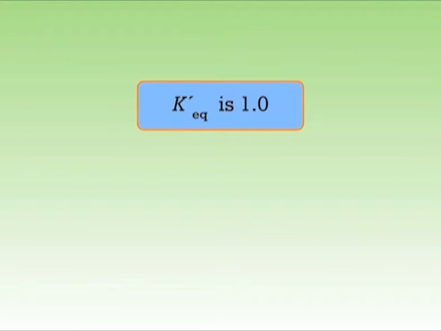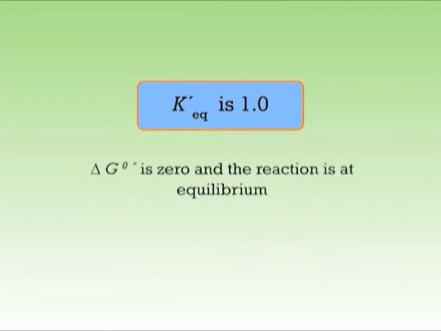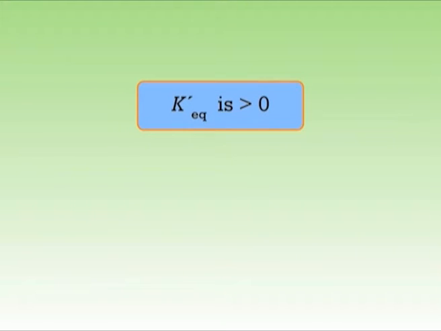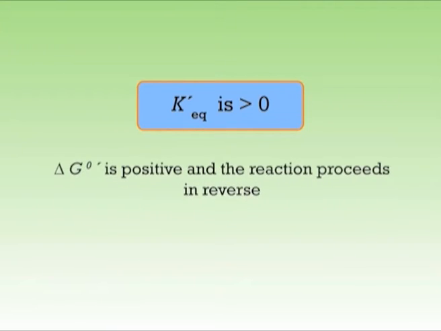When K prime EQ is 1, the standard free energy change, delta G naught prime, is 0 and the reaction is at equilibrium. When the equilibrium constant, K prime EQ, is greater than 0, then the standard free energy change is positive and the reaction proceeds in reverse.